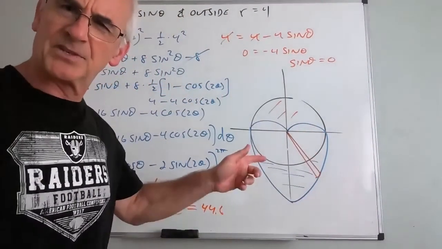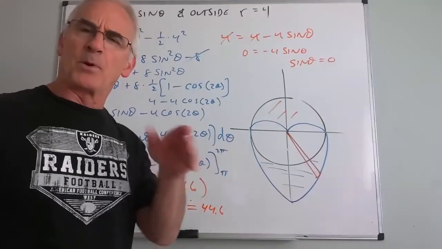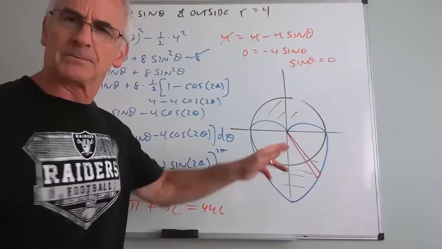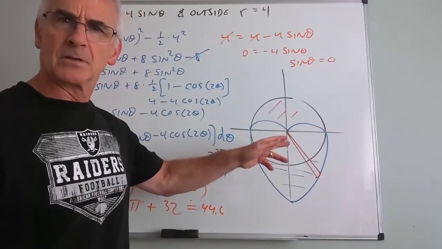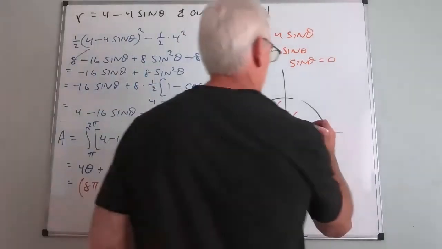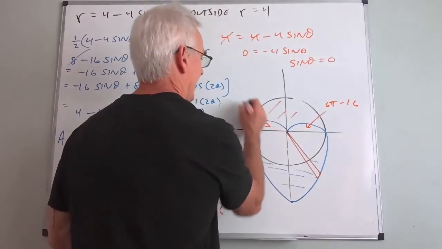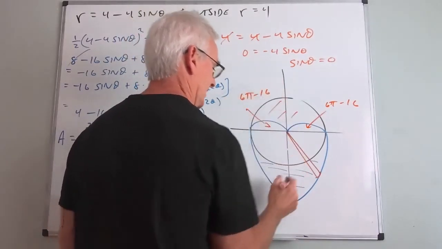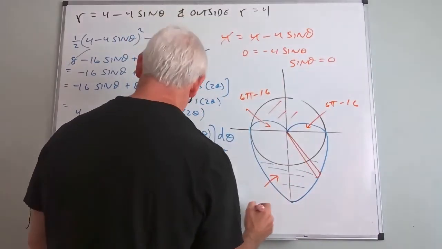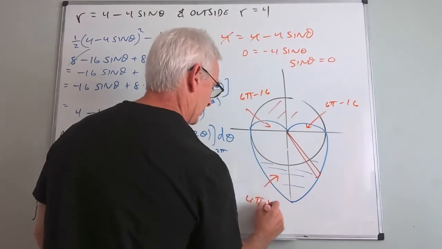It was 6 pi minus 16. So that was 6 pi minus 16, that's 6 pi minus 16, and that's 4 pi plus 32.